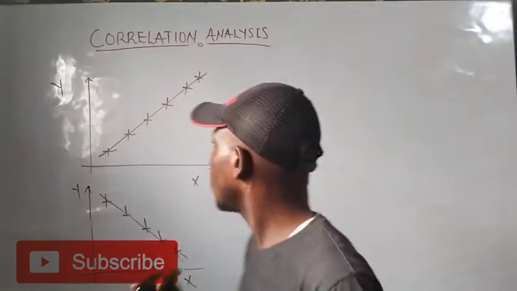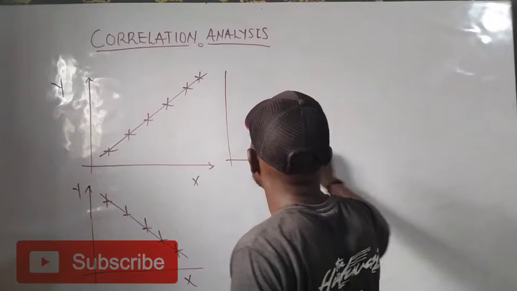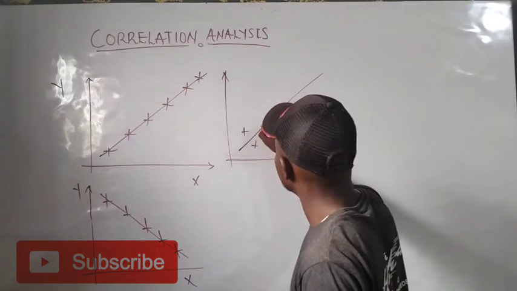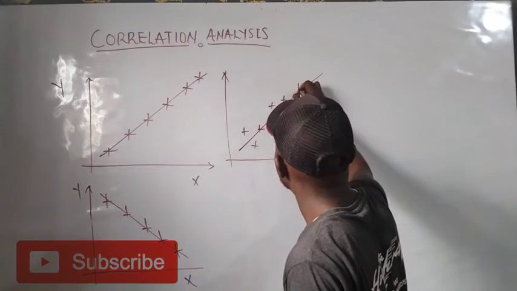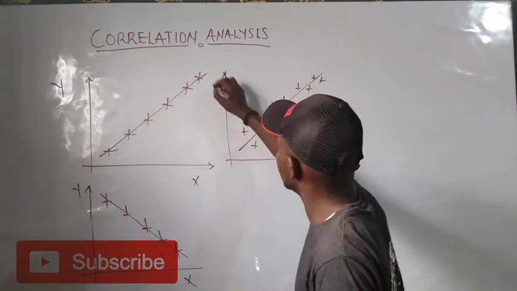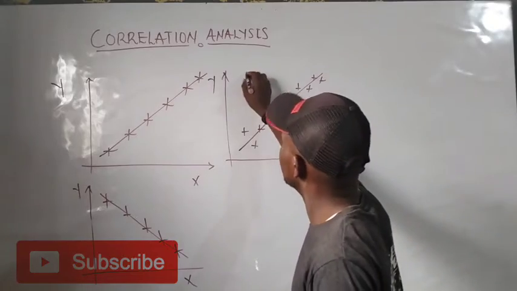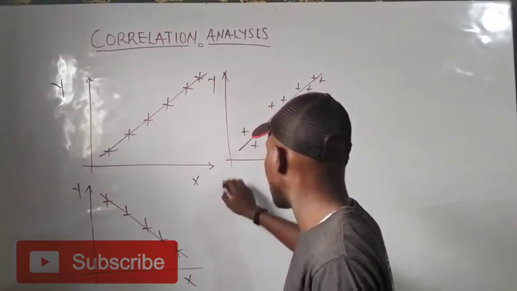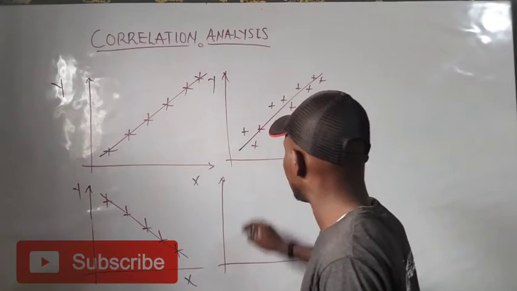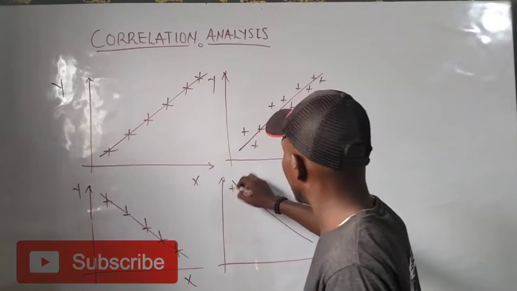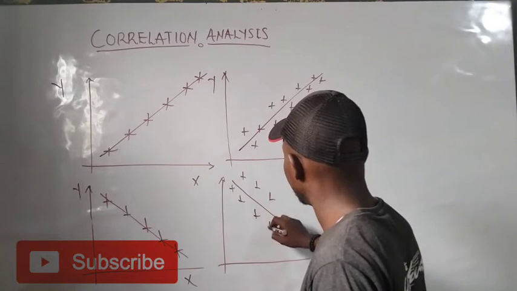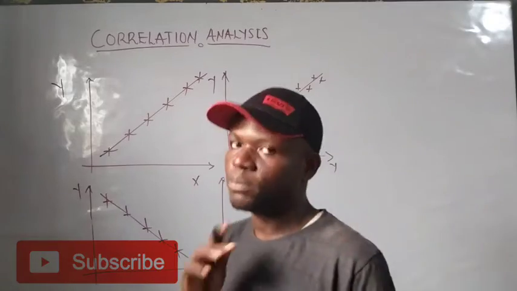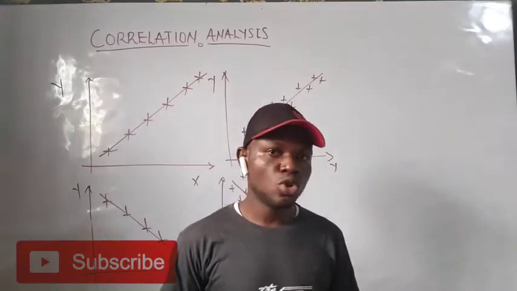But I call it a strong positive relationship if all of the points are close to the line, like dense around the line. This is referred to as a strong positive relationship. But it is called a strong negative relationship if it is happening the other way around, such that all these points are clumping around it. So these are what we need to note.